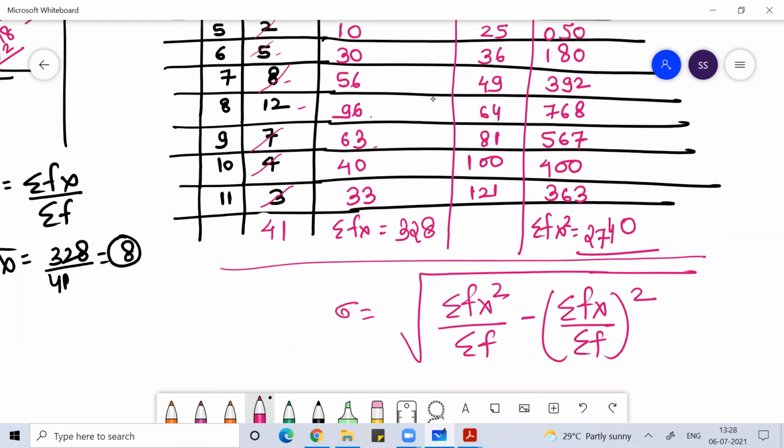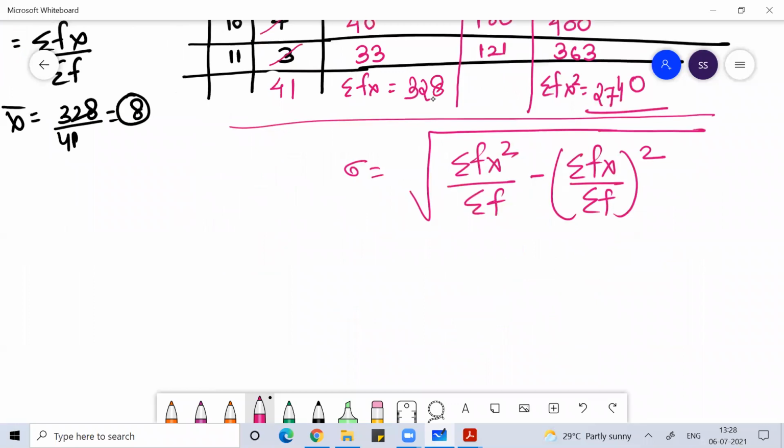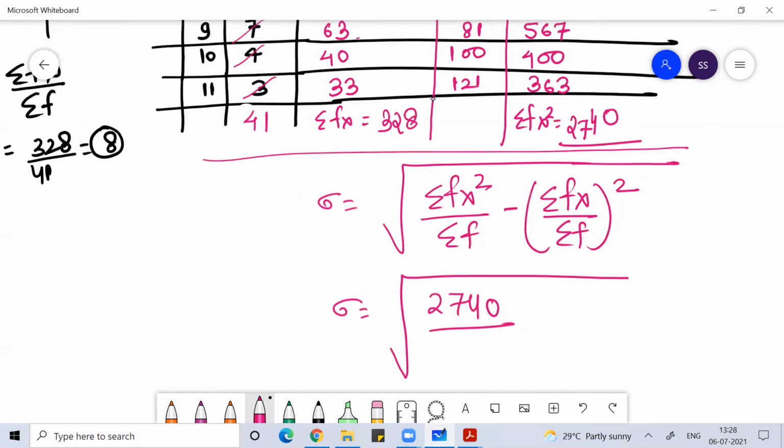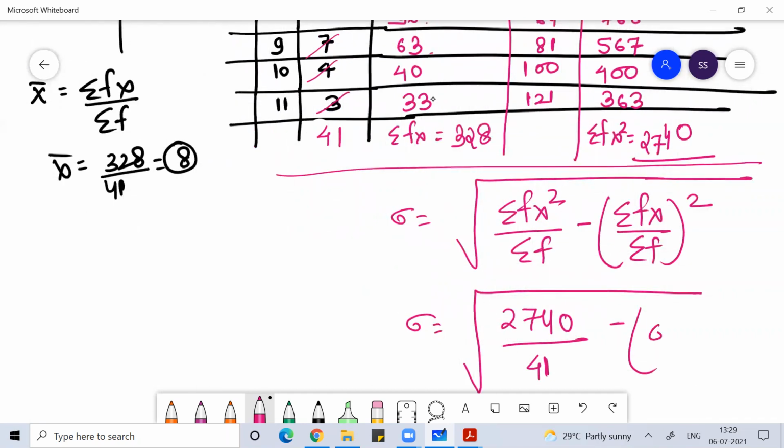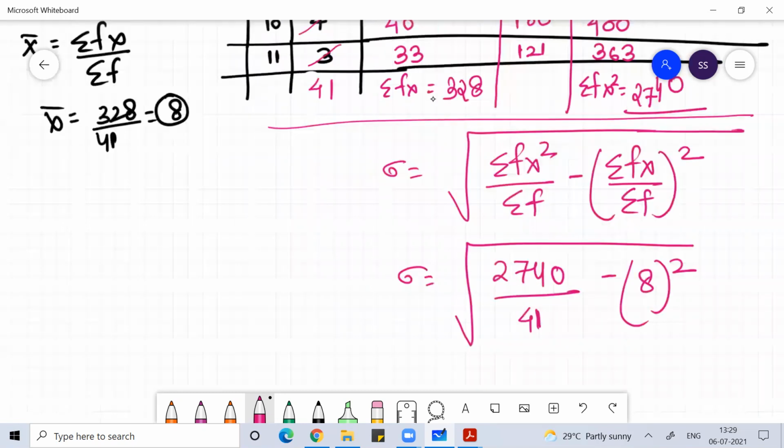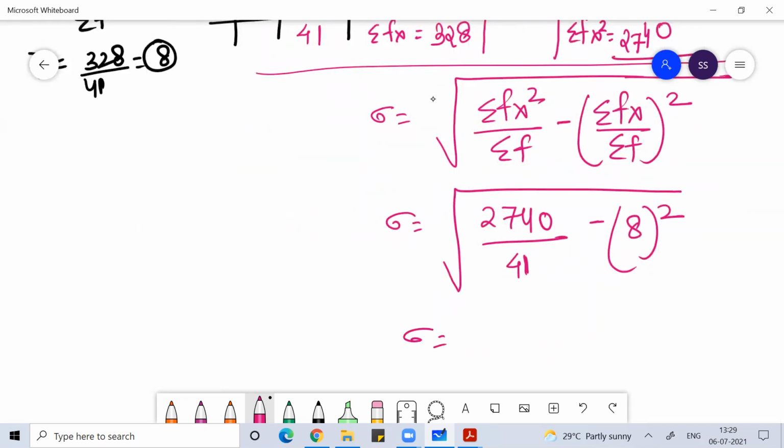So the summation of fx square is 2740, summation of f is 41, minus summation of fx by summation of f, that is 8, whole squared. This will give us the standard deviation.